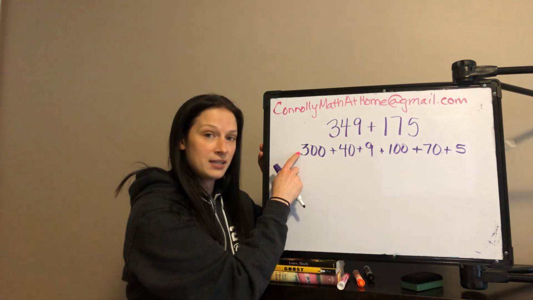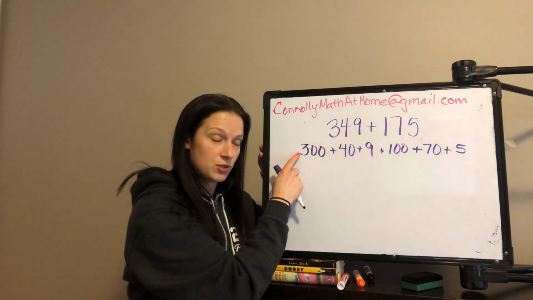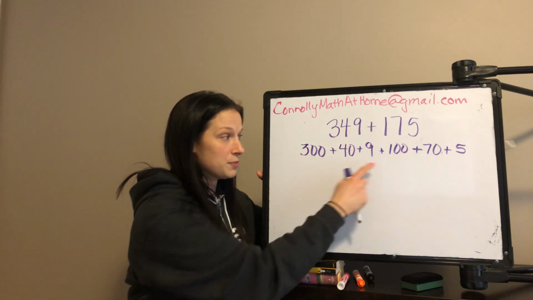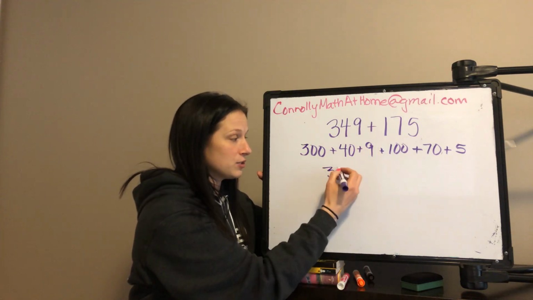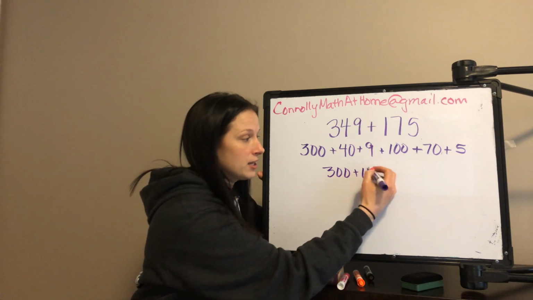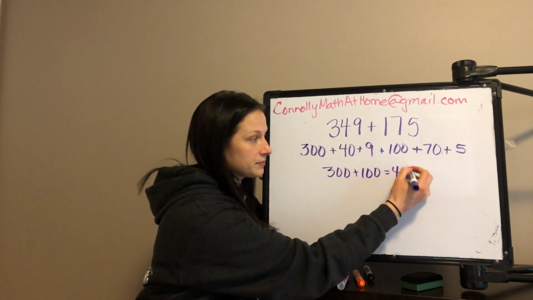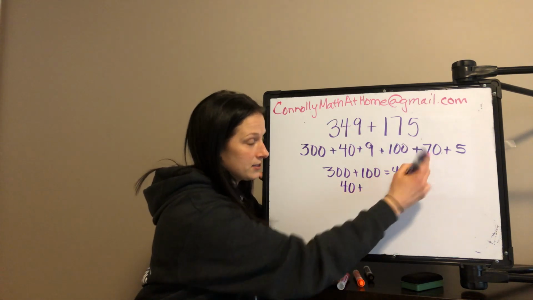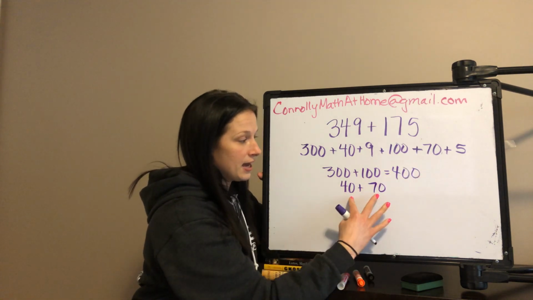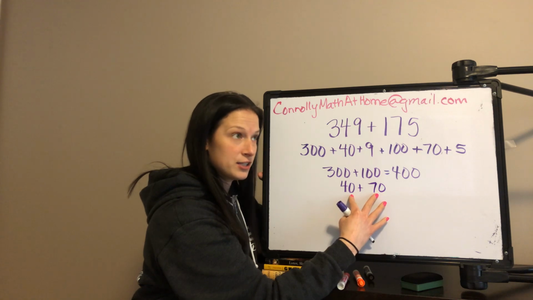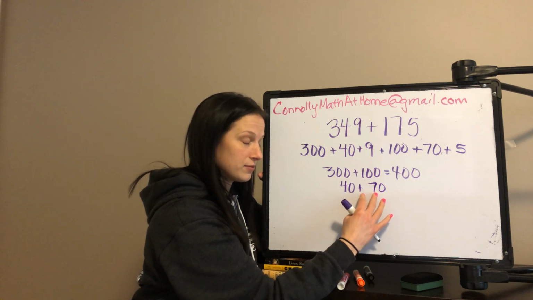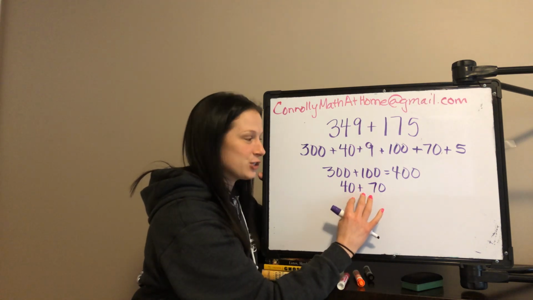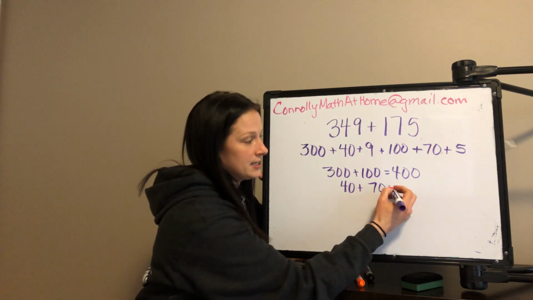We will combine numbers by place value. So adding by place value is the strategy. So we're going to take our 3 groups of 100 plus our 1 group of 100. So 300 plus 100 is 400. 40 plus our 70 over here. I know 40 plus 30 is 100. So I know 70 plus 30 is 100. So I know 70 plus 40 is 10 more than that.